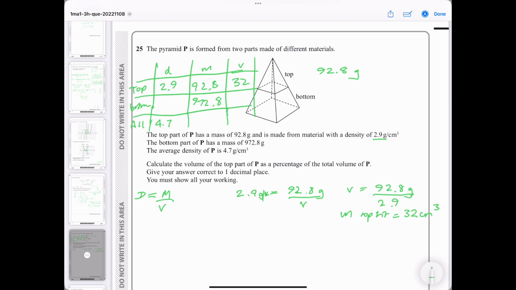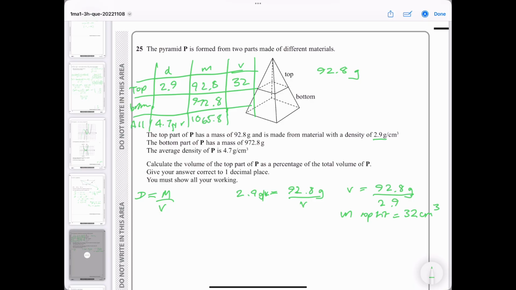Okay, so we can work out the mass. The total mass then is 92.8 plus 972.8. By the way, if you can't work anything out, just make a big table, nicer than mine anyway.